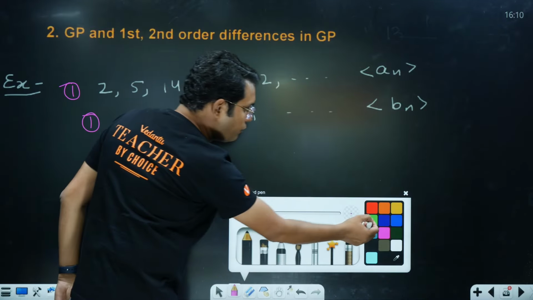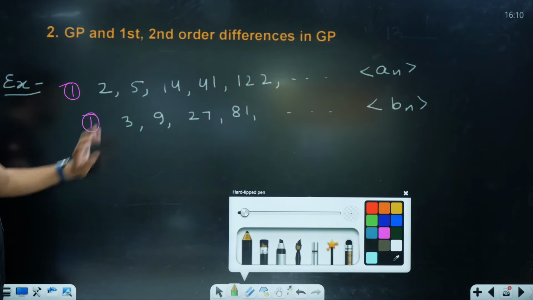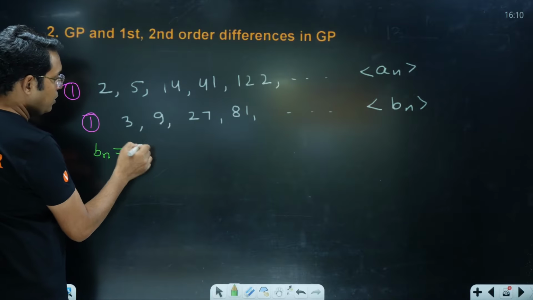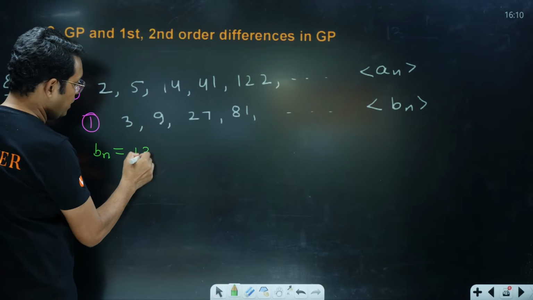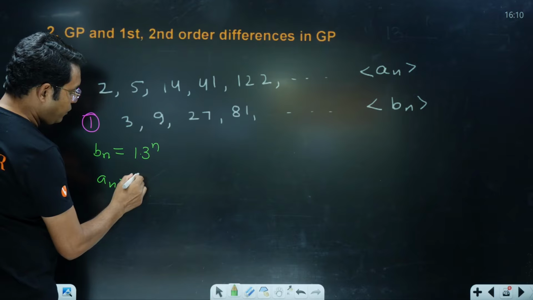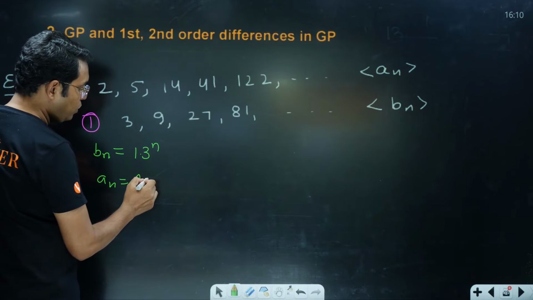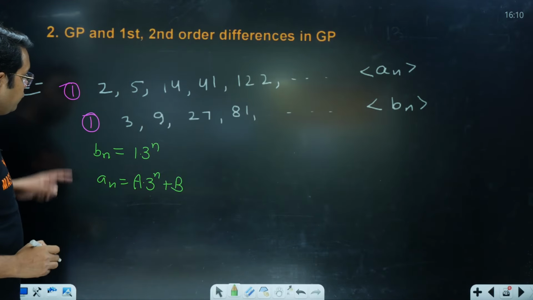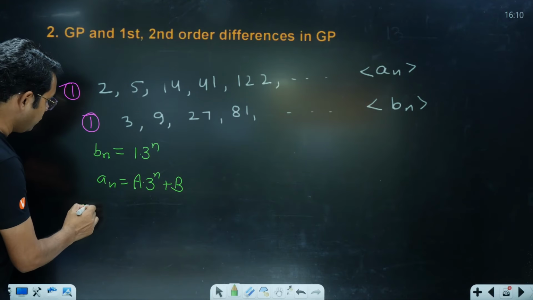Now we are looking for An. Already Bn would have been 1 into R, which is 3, so 3 power n. I think that's quite obvious. So An would be some constant A into 3 power n plus some constant B. Now to find A and B, I will put n is equal to 0.